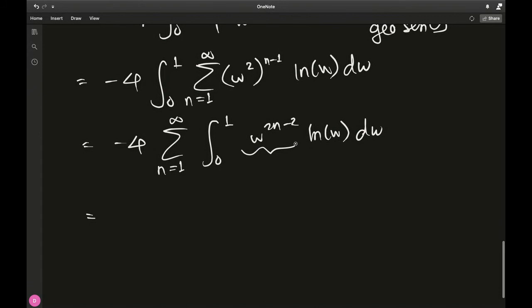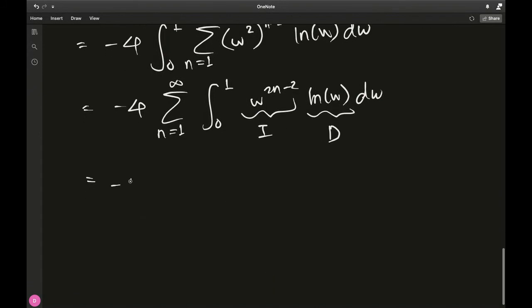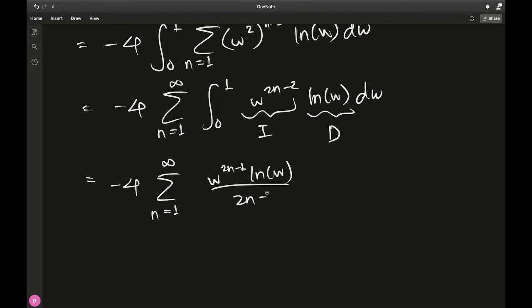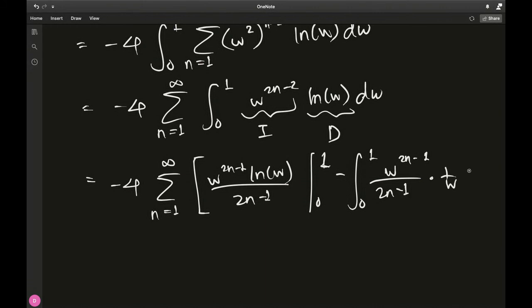Now I would like to use integration by parts, integrating this, differentiating this while I'm at it. Negative 4, sum from n equals 1 to infinity. We have w to the 2n minus 1, natural log of w, divided by 2n minus 1, evaluated from 0 to 1, minus integral from 0 to 1, w to the 2n minus 1 over 2n minus 1 times 1 over w dw.